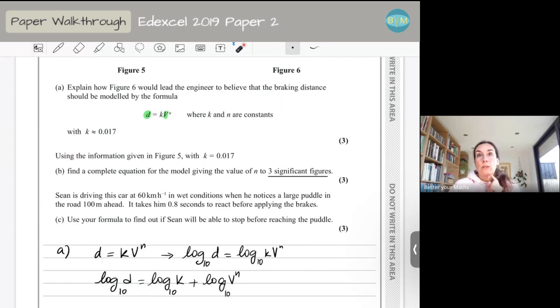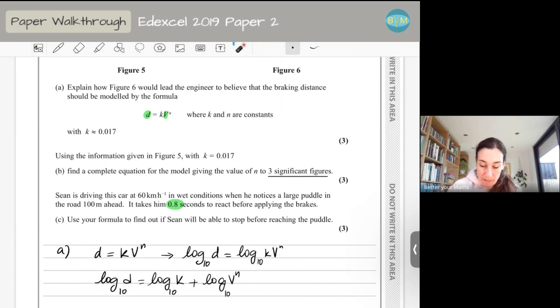So we know the velocity. If we know the velocity, we are able to find the distance that it takes for him to brake once he applies the brakes. Be careful because we have an extra 0.8 seconds where he is doing nothing, just reacting, and we will have to count that.